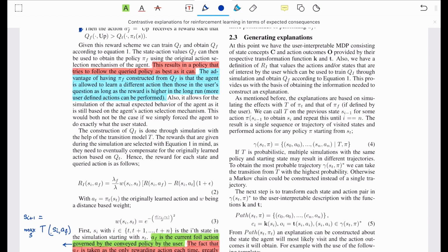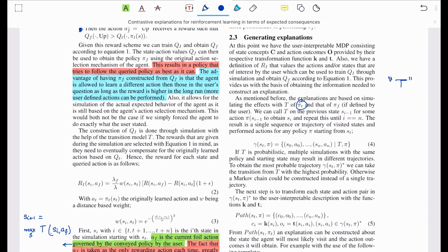So we already have the agent policy pi, which is given by pi t. Now we use this pi t along with the transition function, that is the transition function based on the underlying states, the capital T and not the small t, to simulate this policy to obtain the effects or consequences.